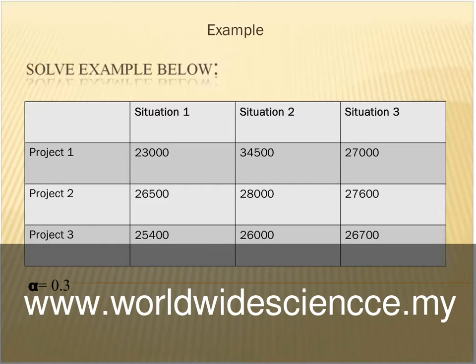For example, in project 1, situation 1 multiplied by 0.3 plus situation 2 multiplied by 0.3 plus situation 3 multiplied by 0.3 gives a number for project 1. We can do the same for project 2 and project 3.